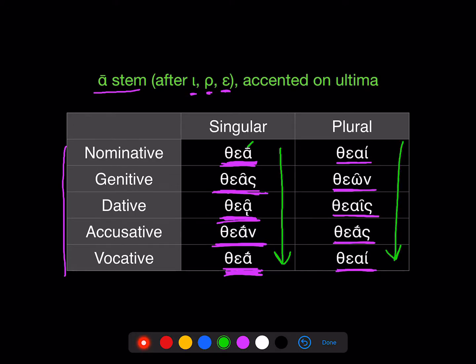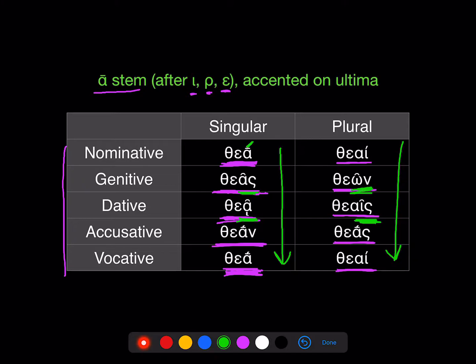There's always an accent over the ultima, but, and this is a rule for first declension nouns, if they want to be accented on the ultima, that accent changes to a circumflex in the genitive and dative singular and plural. Okay, so it's an acute everywhere else, circumflex on the genitive and dative singular and plural. All right, so that's our first noun.